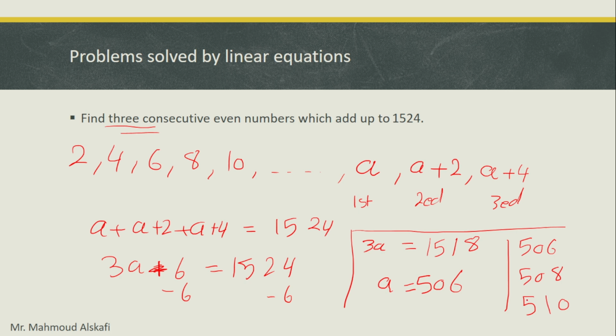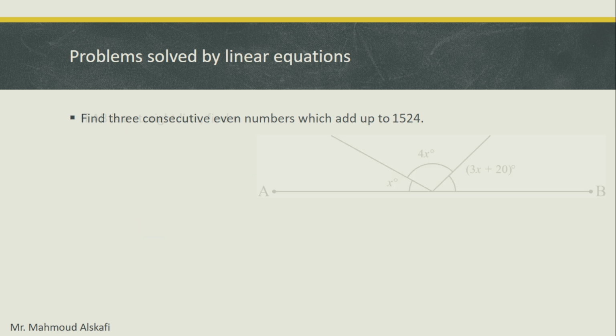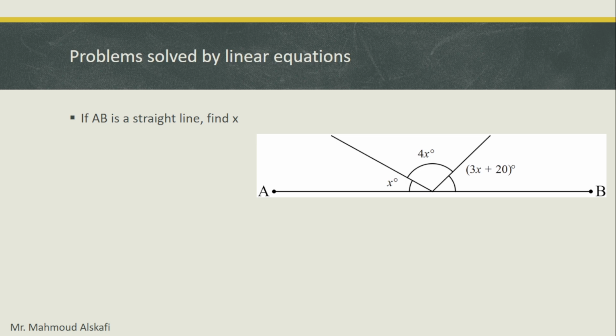Okay, so this is how we use the linear equation to find numbers or to find anything. Now we have other examples, but I will just explain a few of them.